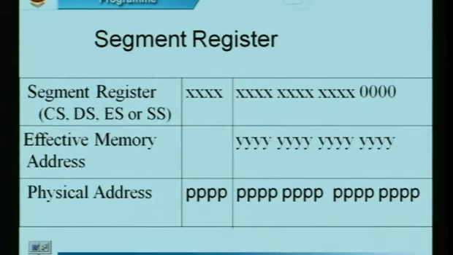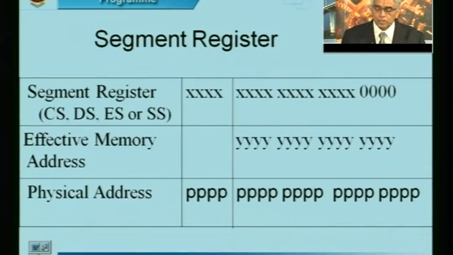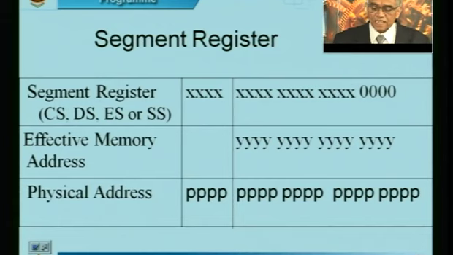After shifting this by 4 bits, as represented in the slide, the segment register is displaced by 4 bits and the least significant digit would be 0 hexa. Converting into binary, since it is rotated 4 times to the left, we have 4 zeros, and the rest is represented as XXXX.